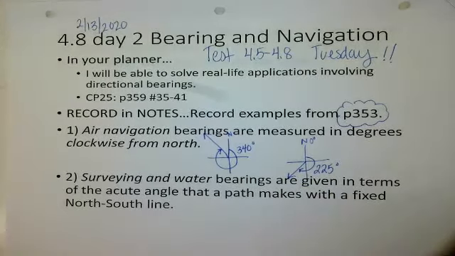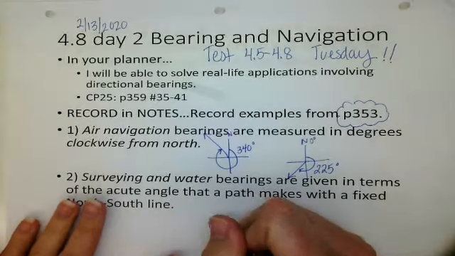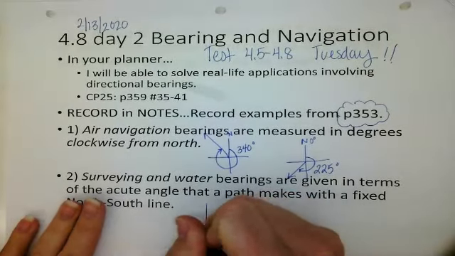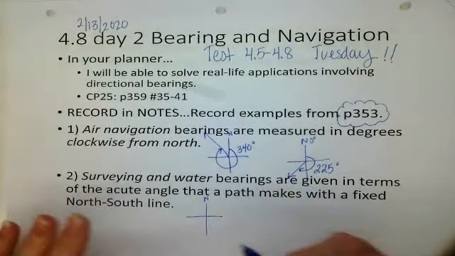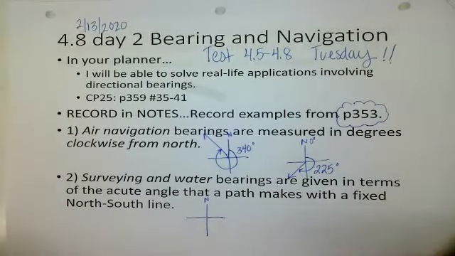And the other way is when we're talking about surveying or water navigation, are given in terms of the acute angle that the path makes with a fixed north-south line. And so they had a few examples. And so you're going to be drawing little north, south, east, west, little directional compasses.